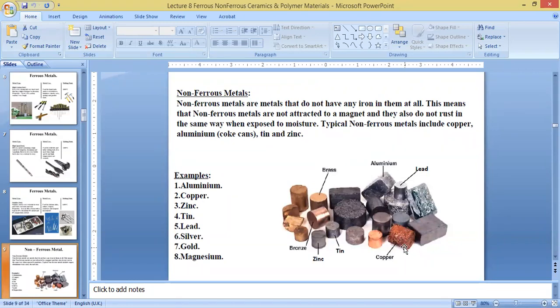What's the color of copper? I think ladies do well with colors. What color of copper is this? Try this. What color is this? I don't know if it's red, brown, madam.